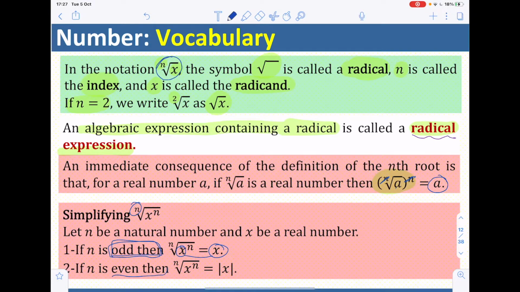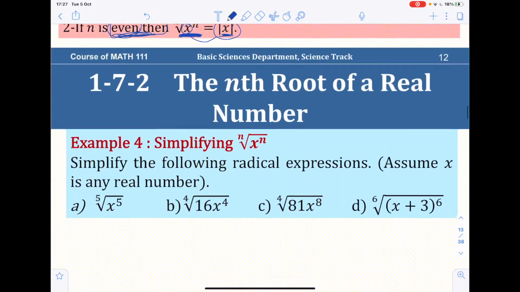But if n is even, we have to write x under the absolute value to guarantee that we have positive values, because for an even root, we should have a positive value.